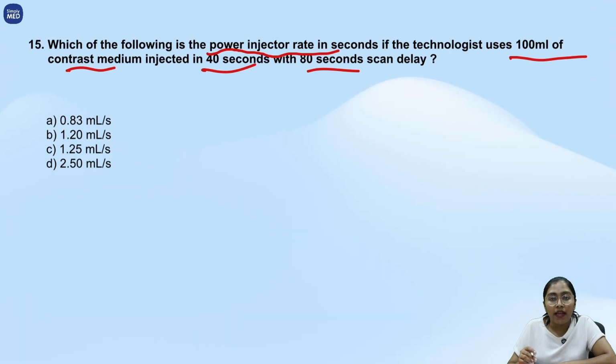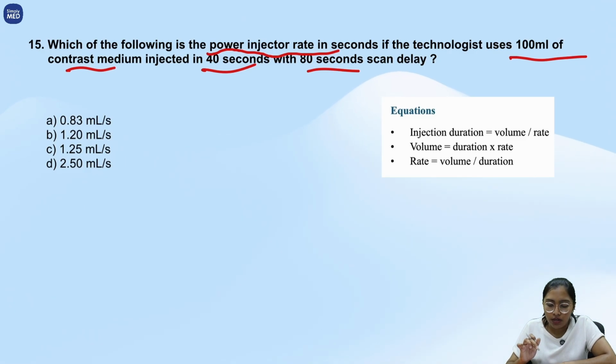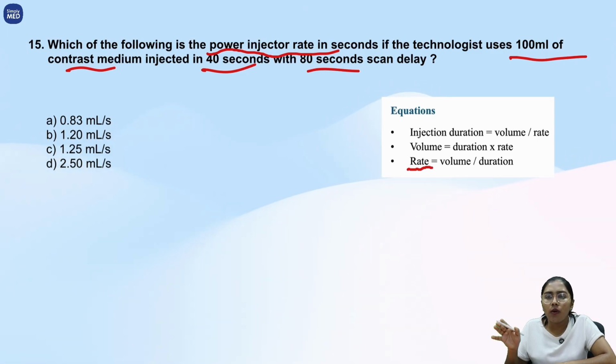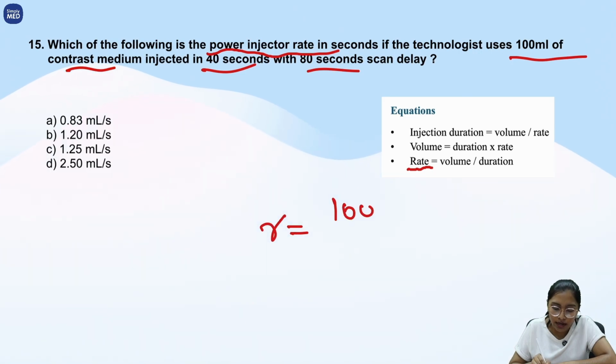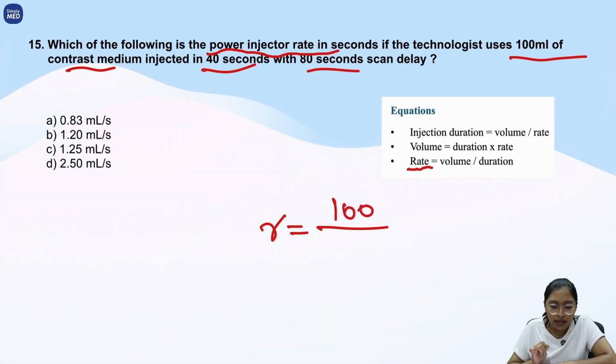To find that, we have an equation. To find the flow rate or power injector rate, just divide the volume by the time duration. So rate is equal to volume by duration. The volume we are giving here is 100 ml divided by the time duration.